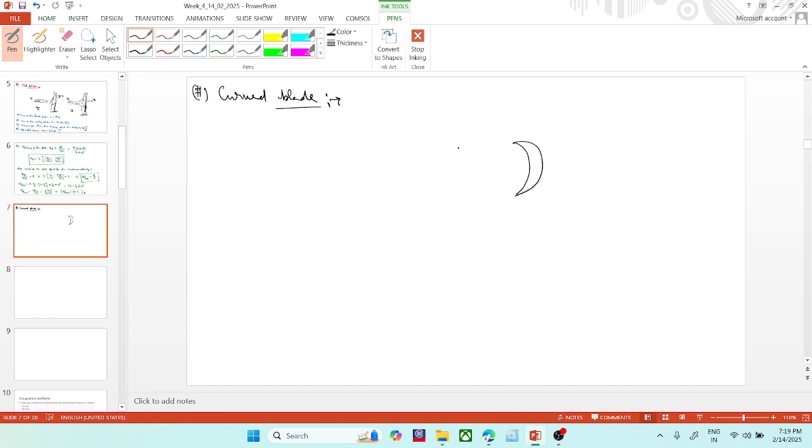The jet is going like this and it is coming out like this. It means the jet enters at an angle of 0 degrees, and it is exiting at an angle of 180 degrees, and the blade itself is moving with the speed of Vb.